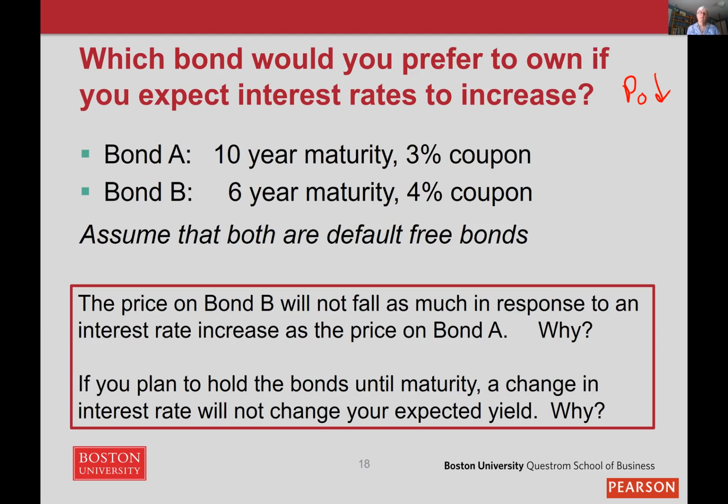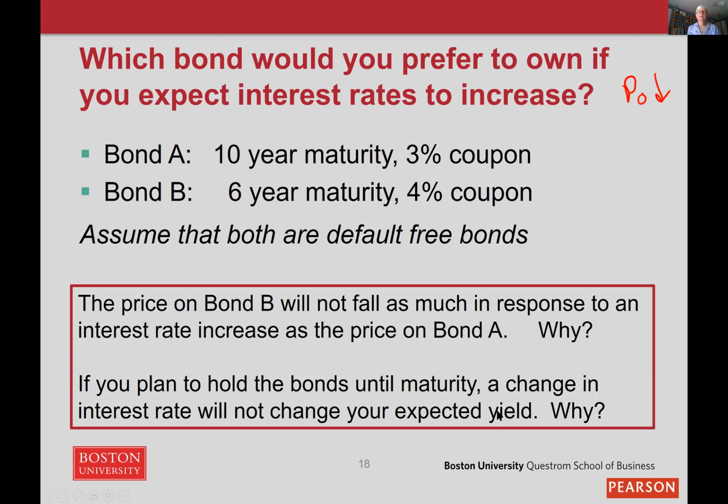Now, if you hold on to the bond until maturity, and you don't sell it in the market, you're not going to be impacted by this. If you hold the bond all the way to maturity, then you are going to get all of the cash flows that you expected to get, and your return on investment is going to be whatever it was going to be.